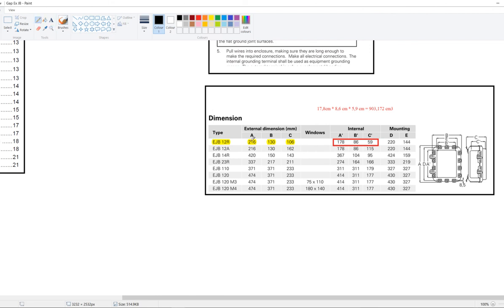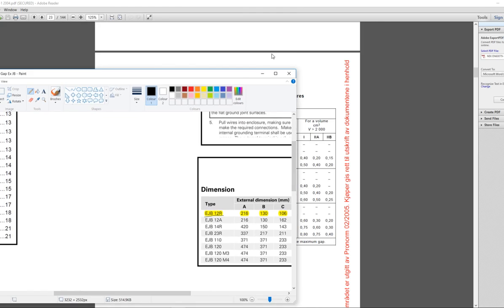Very important that you look at the correct type. This is ours, JB12R. You have the internal measurements, and you make a calculation to get the internal volume. It's around 900 cubic centimeters.